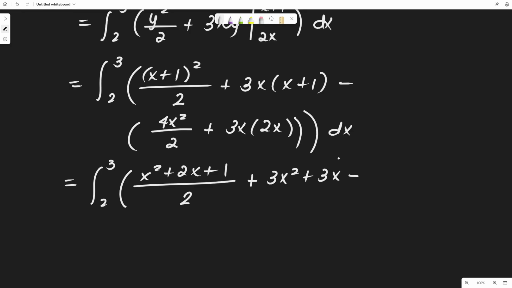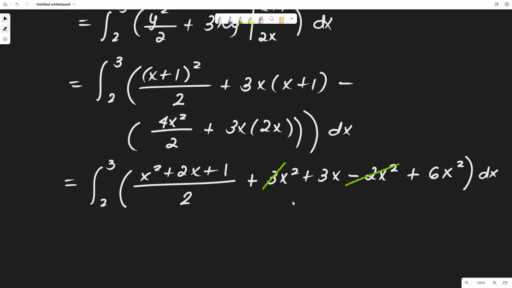Okay, so minus, this is 2x squared, no? So minus 2x squared plus 6x squared. Ayan, dx. Okay, so cancel. So this will just be x squared, diba? Then plus 6x, so that is 7x squared.